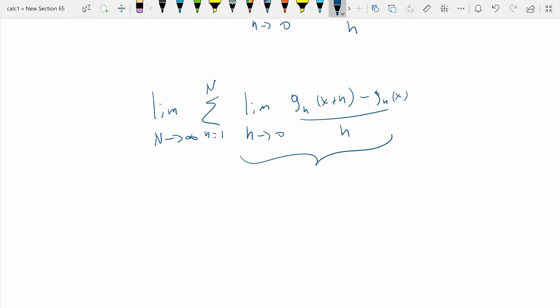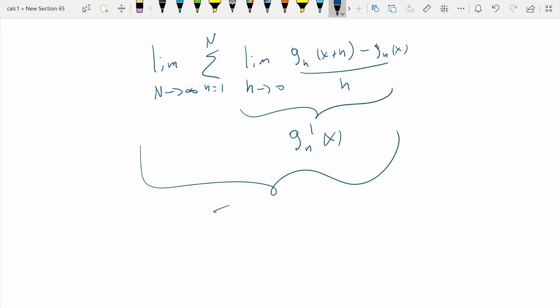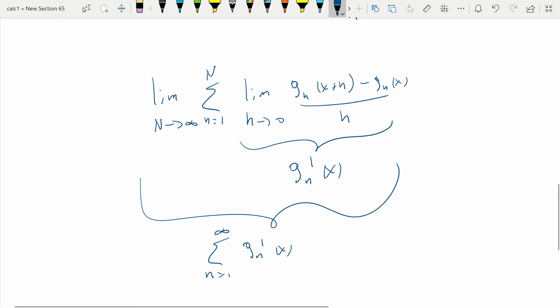This is just g_n prime. And this whole thing, if it exists, is just the sum from n equals 1 up to infinity of g_n prime of x.